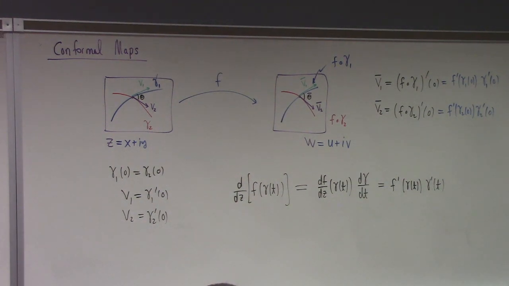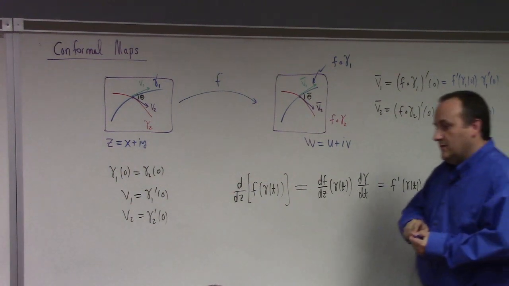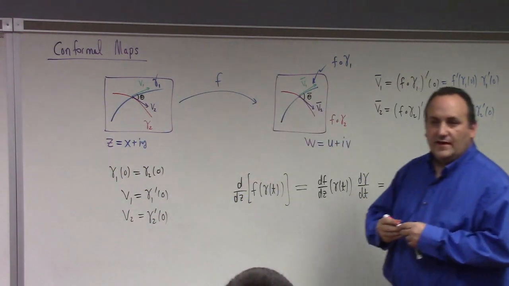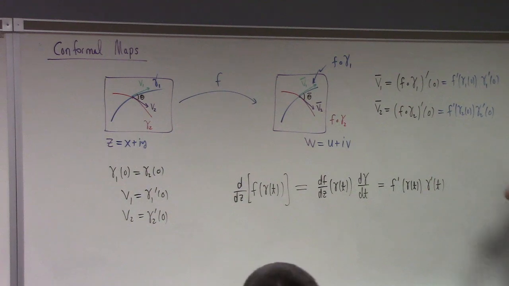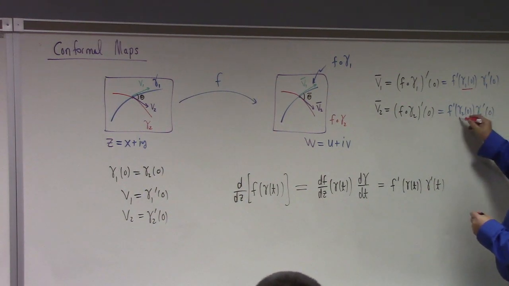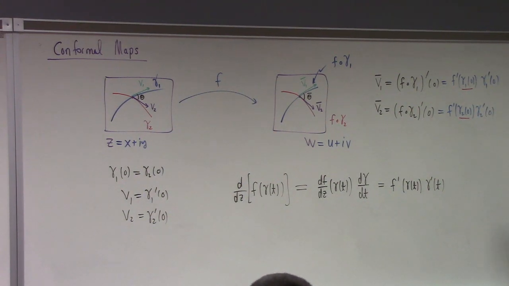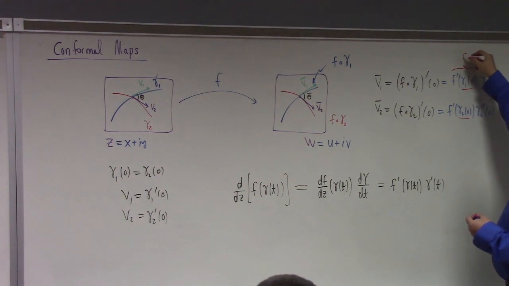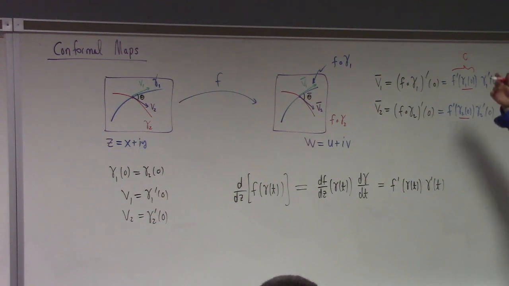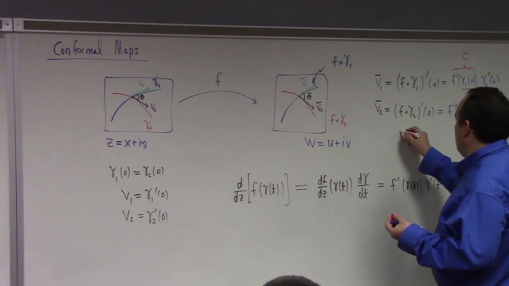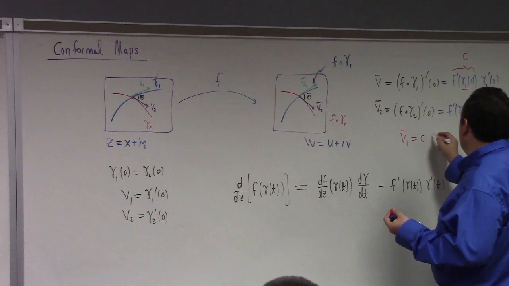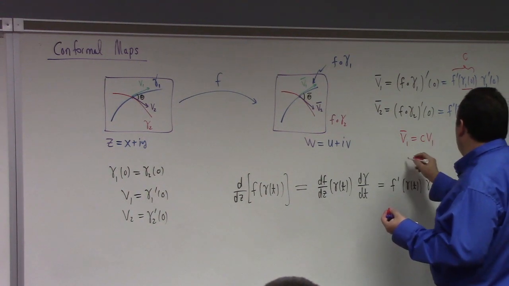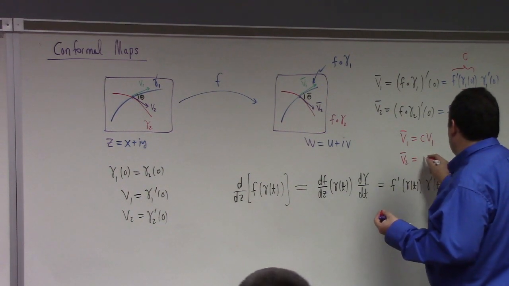Let me underline it in red. Notice that since we are assuming the paths intersect when the parameter is 0, this is the same point here and here. Those are equal, right? So for the sake of discussion, let's just point out that this is a complex number. Let's call it c. So what do we have? Let me write the equations that we have. We have V bar 1 is equal to c times V1, and V bar 2 is equal to c times V2.